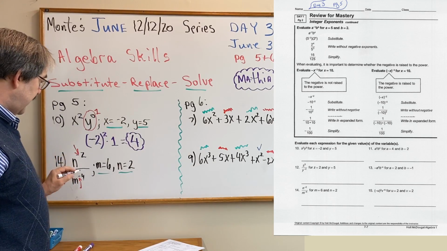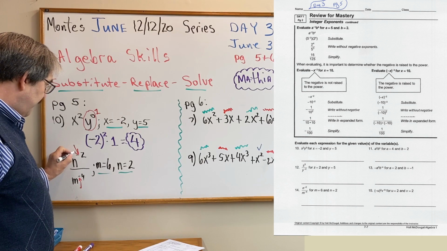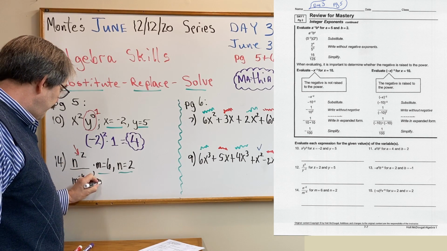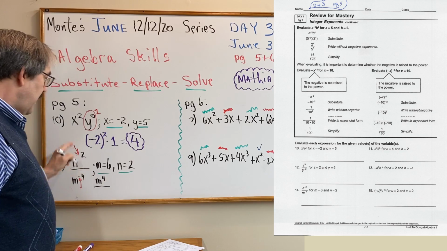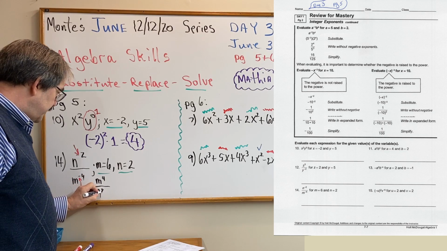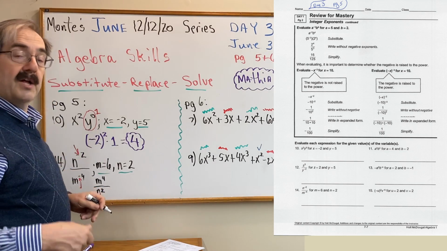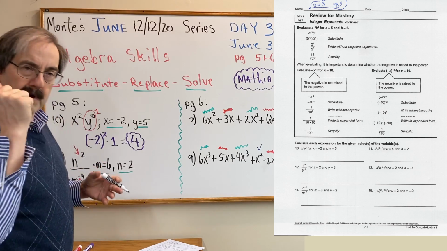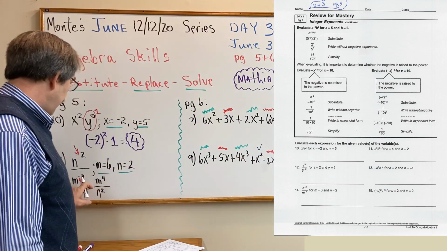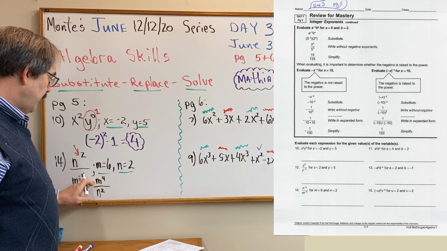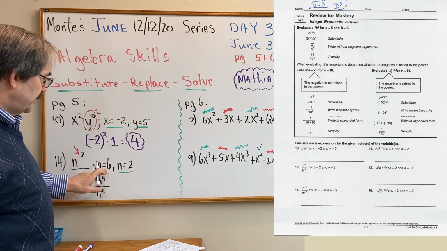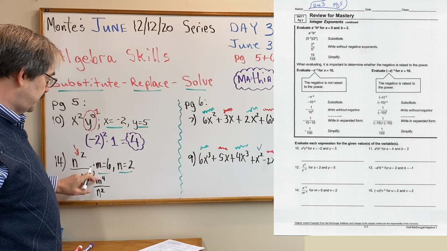So let's spend a second and rewrite this. M4 on top, n squared downstairs. Okay? Didn't have to do it that way, but I want to practice those exponent rules. Okay, now substitute. Wherever you see the letter M, we're going to substitute the number 6.